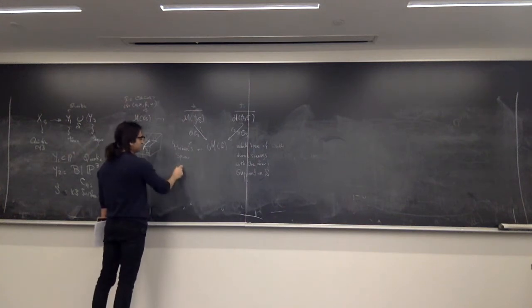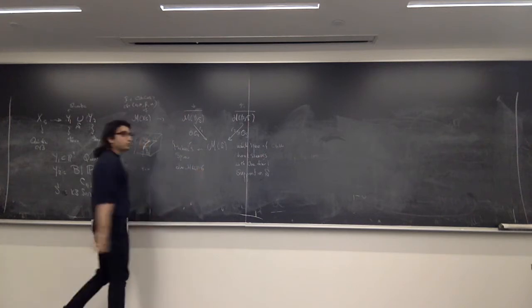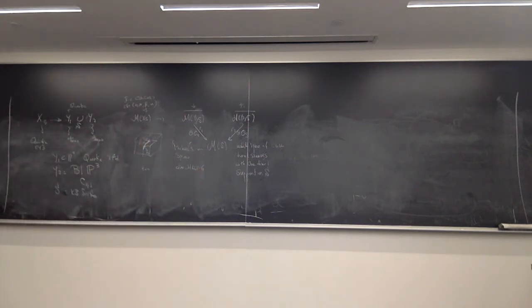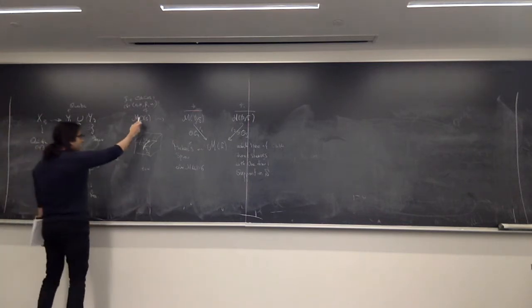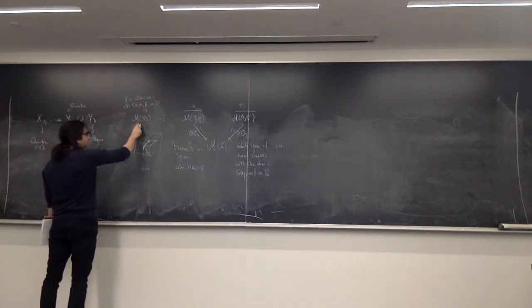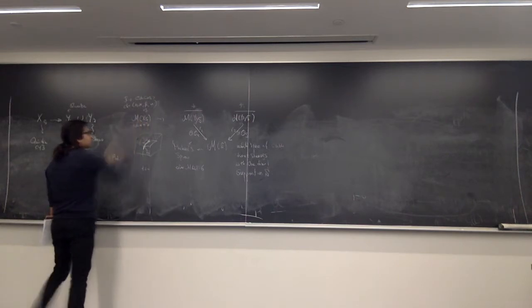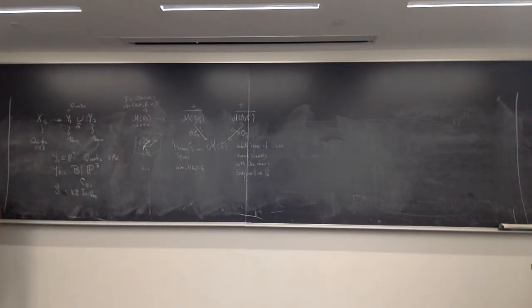the dimension of this moduli space. So the dimension of this M of S is actually smooth of dimension 6. Okay? By the Calabi-Yau property, we know that the obstruction theory of this thing is symmetric, so it has virtual dimension equal to 0.